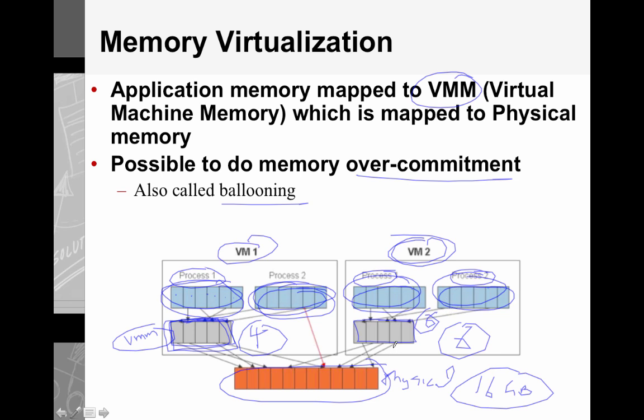And because the hypervisor is sitting in between, interpositioning every call, the hypervisor can actually come in and do what is called memory overcommitment. It can say to this virtual machine, oh, I can give you 10 gigabytes of RAM. And it'll tell this virtual machine, I can also give you 10 gigabytes of RAM. But there's only 16 gigabytes of RAM that's physically available.